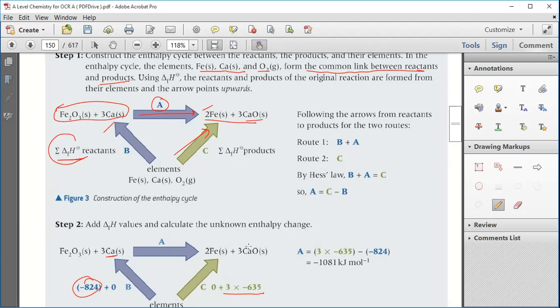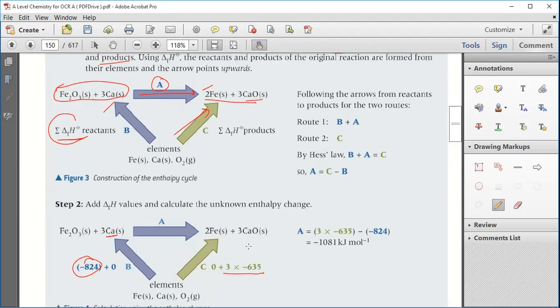By Hess's law, it's A equals C minus B. So C is the product minus the reactant, which is B. A is C minus B, not B minus C. C is the energy of the reactant particles, and B is the energy from the other pathway. Is that clear? Yes or no? Okay.